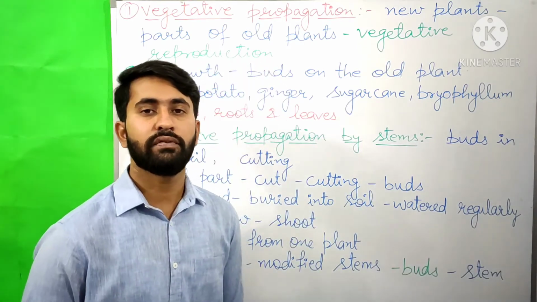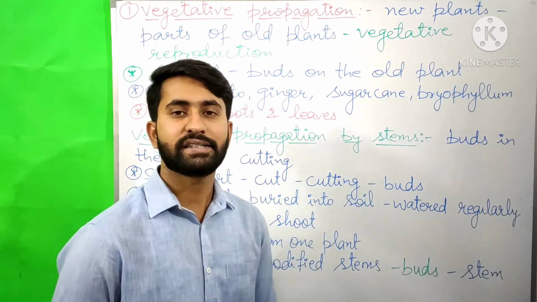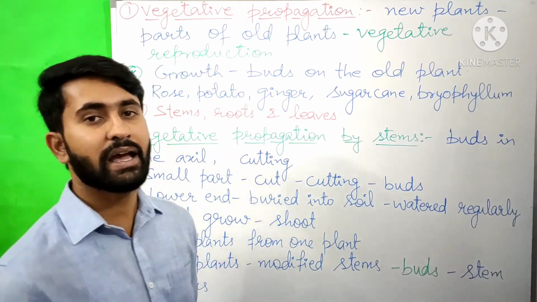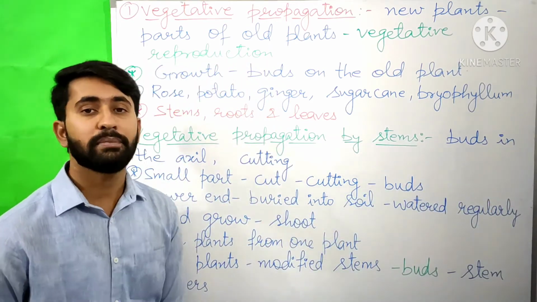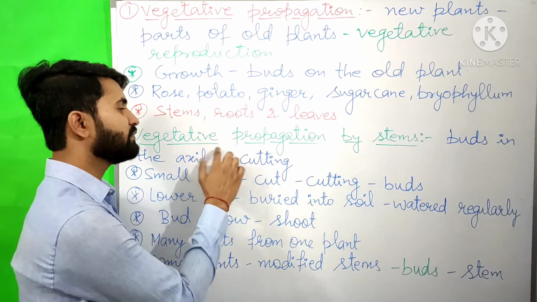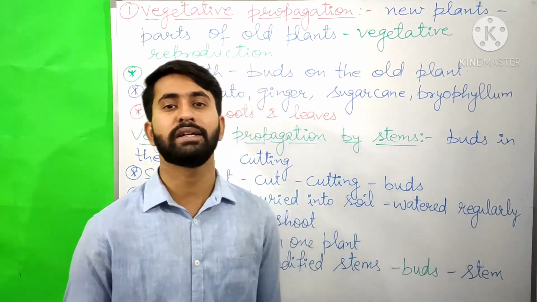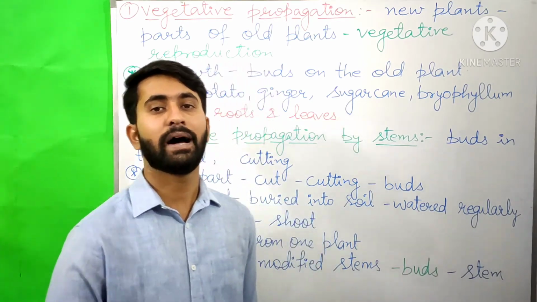So first of all, we will learn about vegetative propagation by stems. The stems or branches of the plants generally have buds in their axial part which can be used for the vegetative propagation.